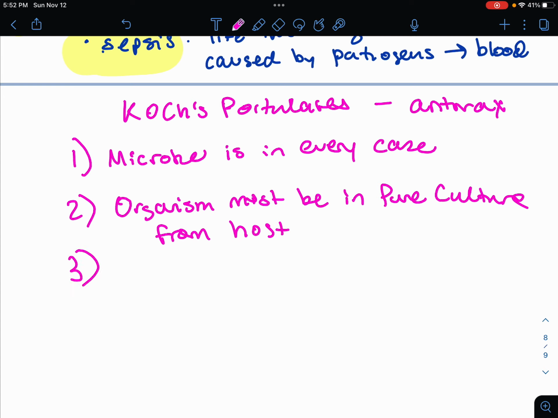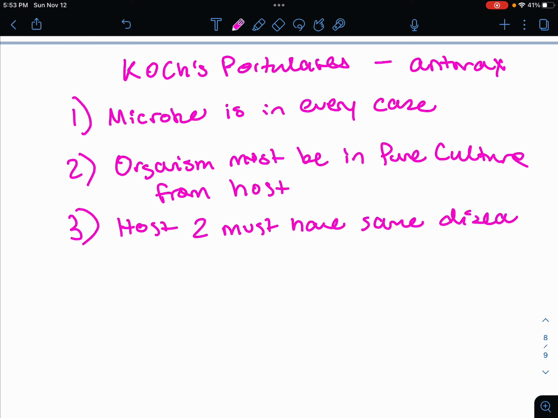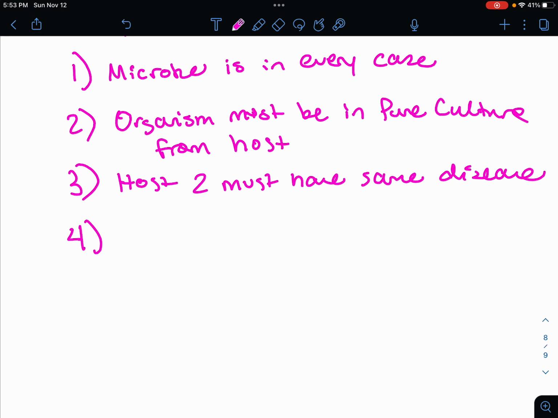Number three, the same disease must be produced when the pure culture is introduced into another host. And number four of the postulates would be the organism must be recovered from all the infected hosts and must be the same.